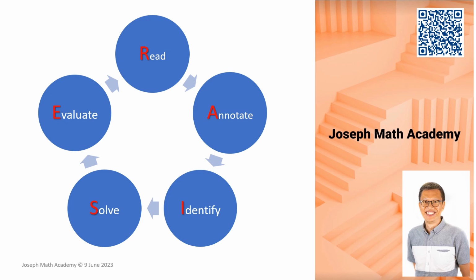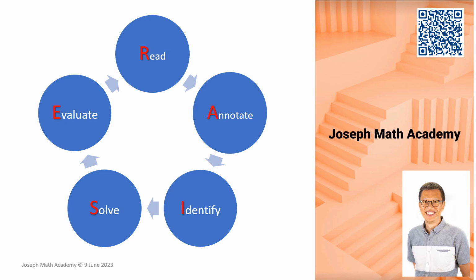From the annotated keywords, I should be able to identify the most suitable concept or heuristic to apply to solve the problem. After getting my answer, I always need to have sufficient time to check my work. Checking my work is actually evaluating my original solution.